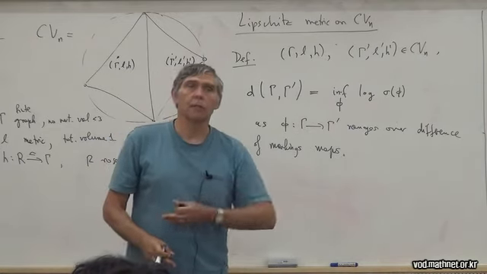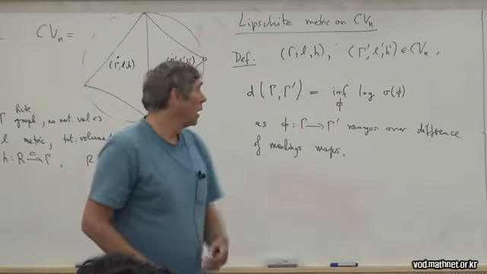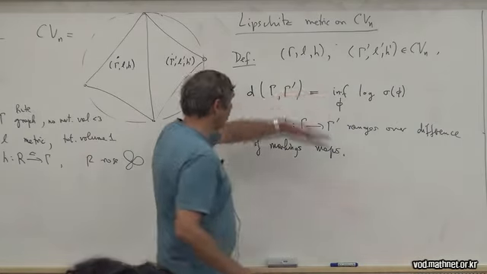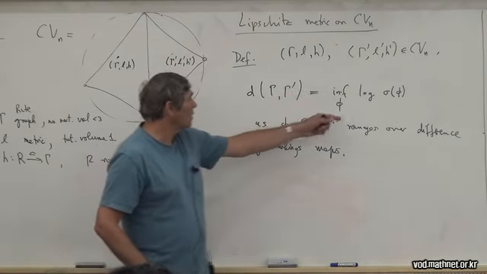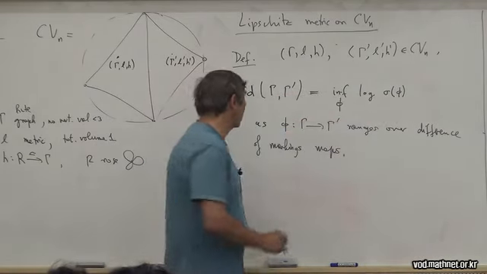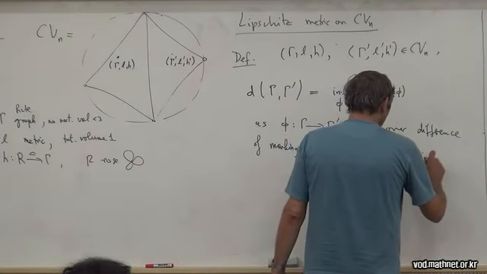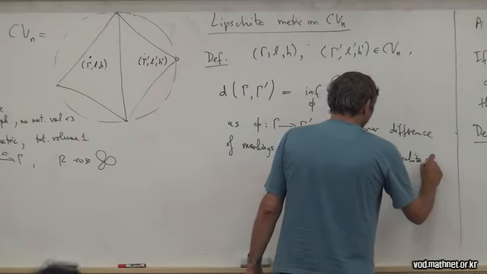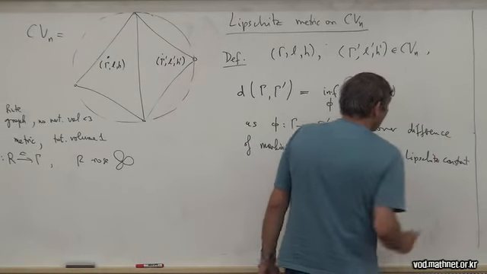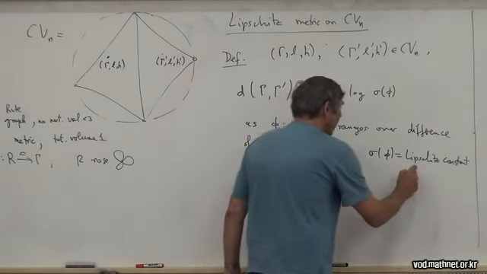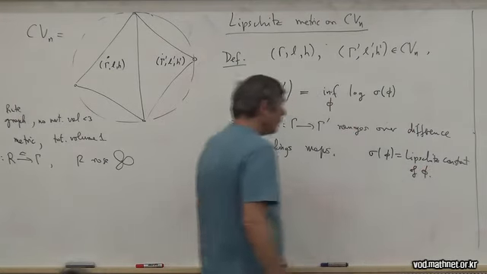But there are many maps in that homotopy class, so I can vary this function over that whole homotopy class. And I want to minimize the Lipschitz constant. So sigma of phi is the Lipschitz constant of phi.